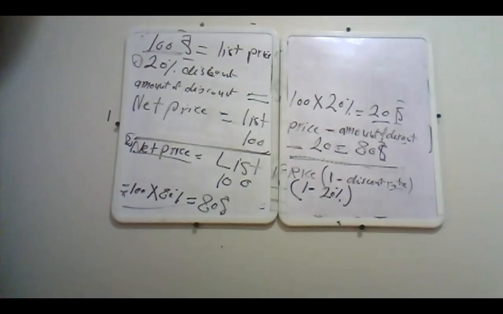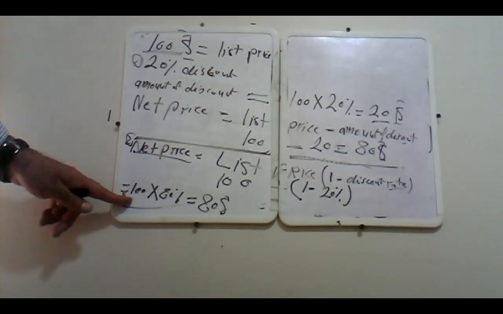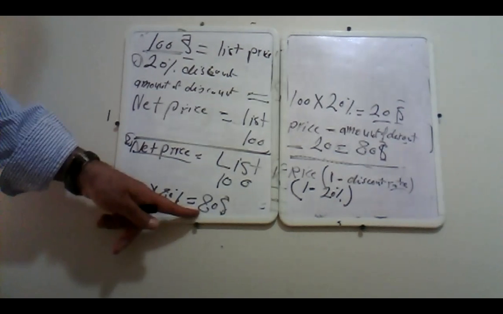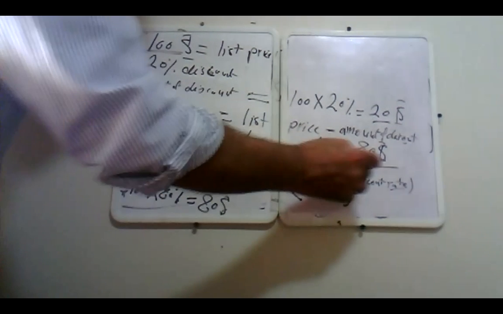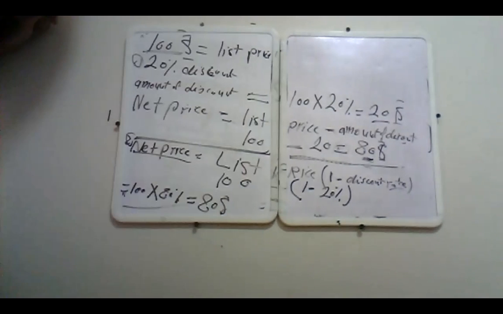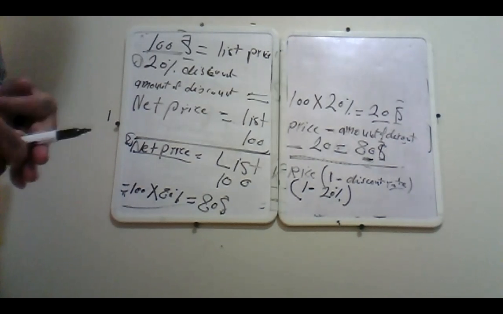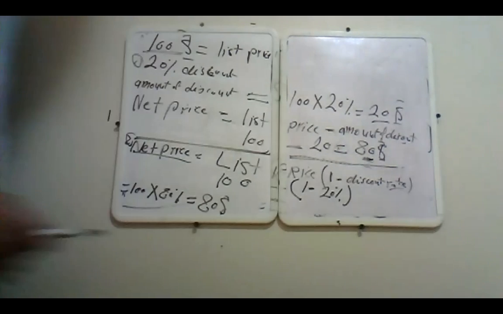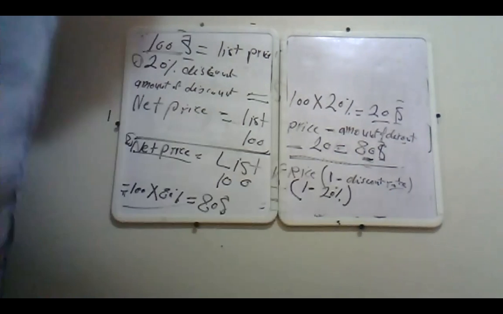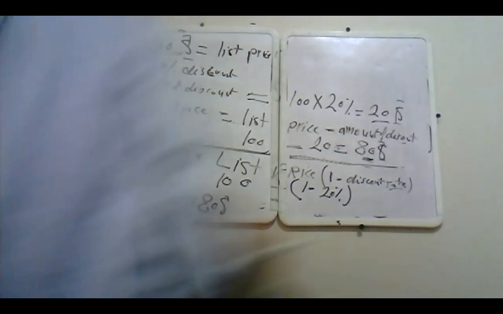So this means $100 multiplied by 80% directly. This will give me $80, the same solution I reached before in a very long solution, where I got the discount first and then subtracted it from the list price. Here, it's all in one line: list price multiplied by 1 minus the discount rate gives me the solution. That's fine.